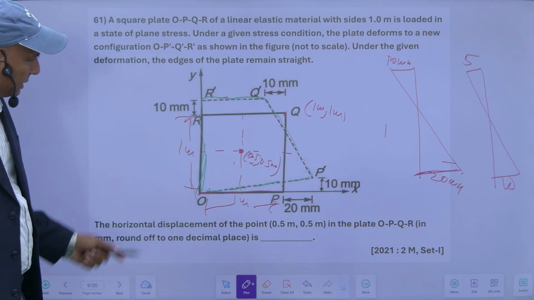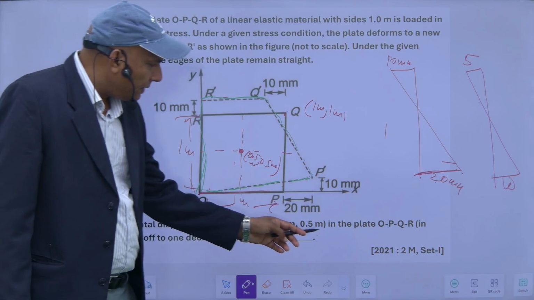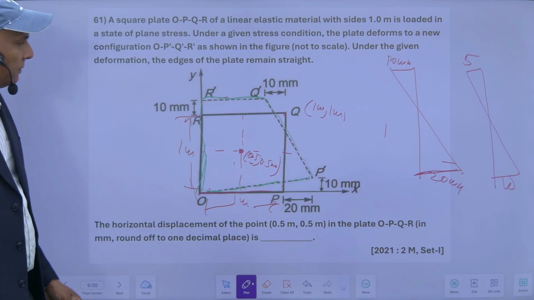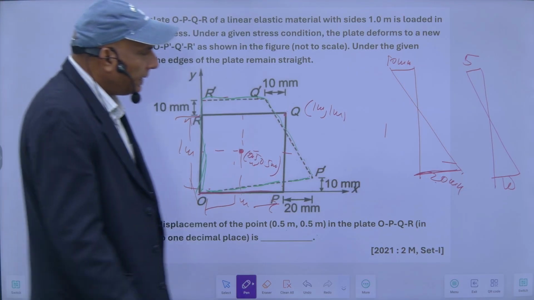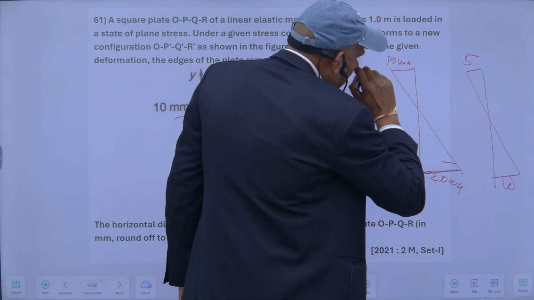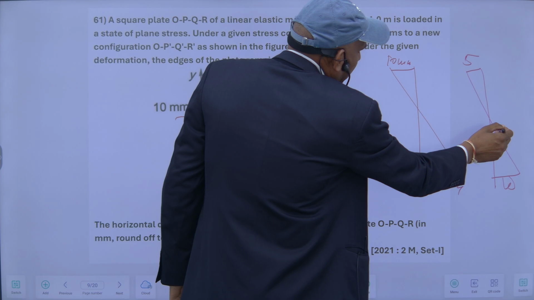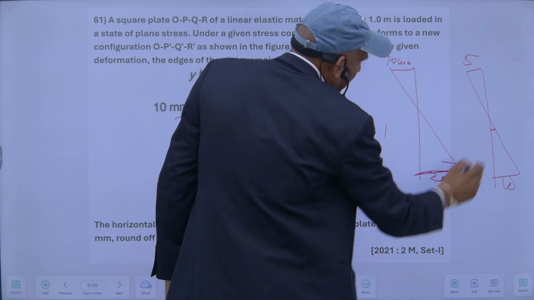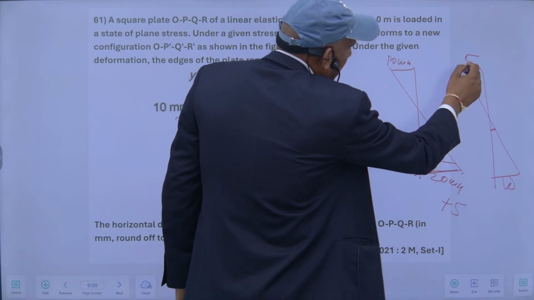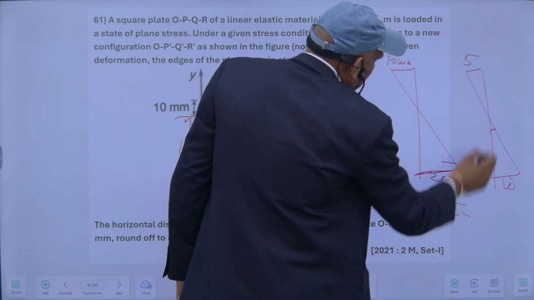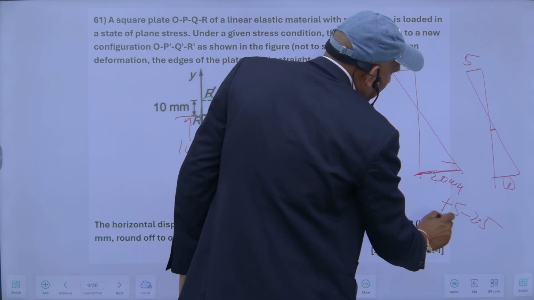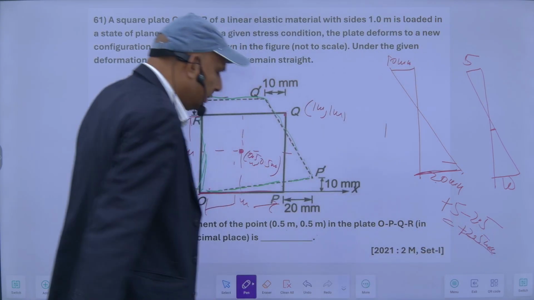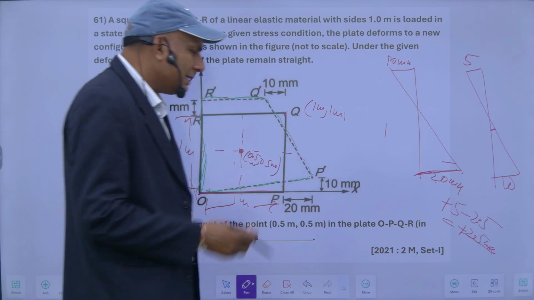So the horizontal displacement of the point 0.5 meter in the plate OPQ, rounded off to 1 decimal place, will be plus 5 in the center, and half of this one will be plus 2.5 mm. This will be the horizontal displacement in this case.